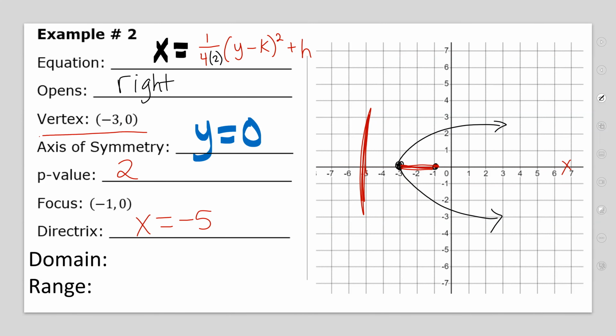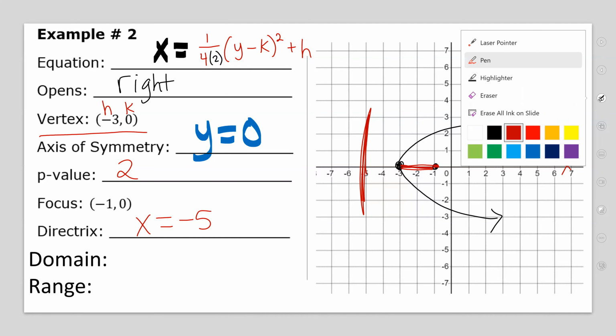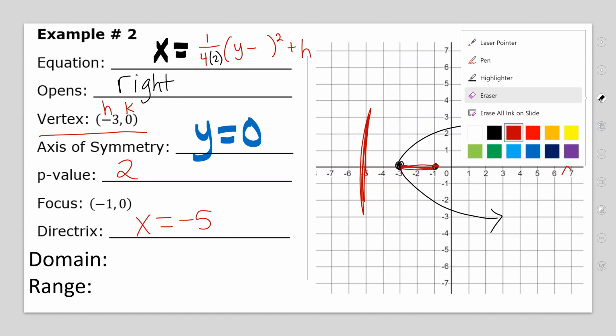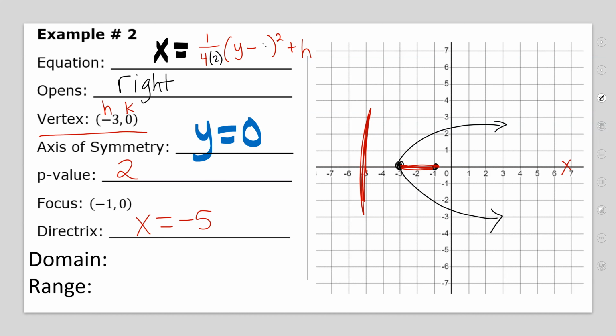For your vertex, this is H and this is K. Notice in your formula, they switch it. Okay, it is switched. So I'm going to erase this K, and K is 0. So I'm going to put a 0 right there. My H value is -3. So I'm going to put a -3 there. We don't really need the plus sign anymore.